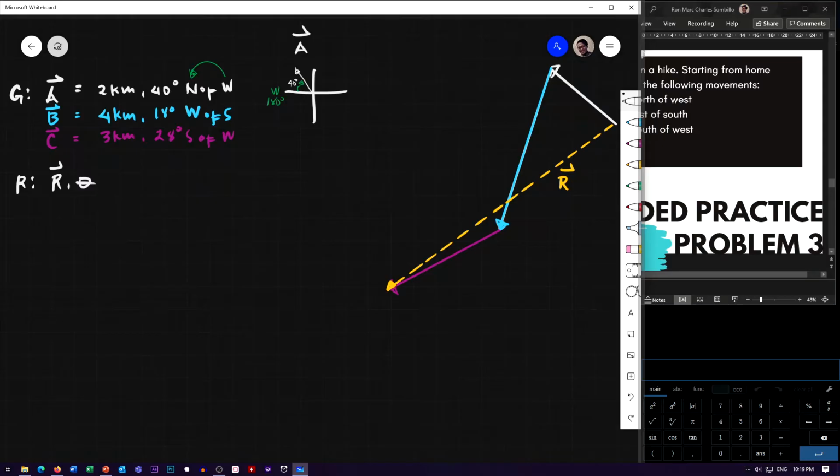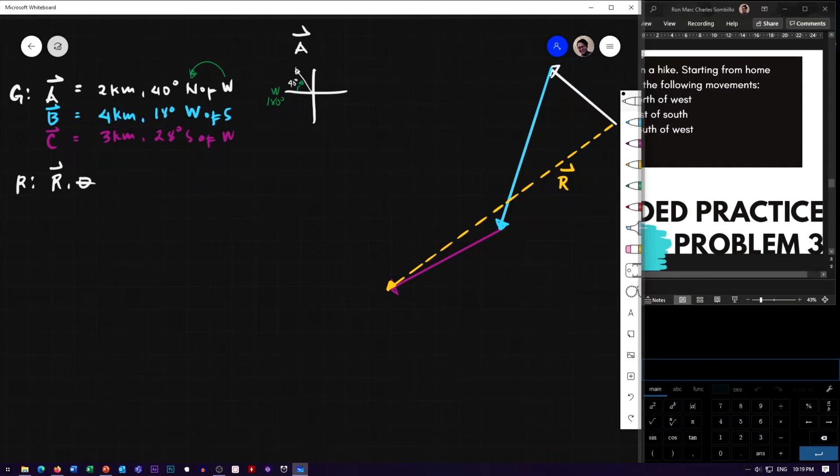According to the review, we can leave it as that or we can convert it, so we can have the angle that has a reference line at 0 degrees, or the positive x-axis.